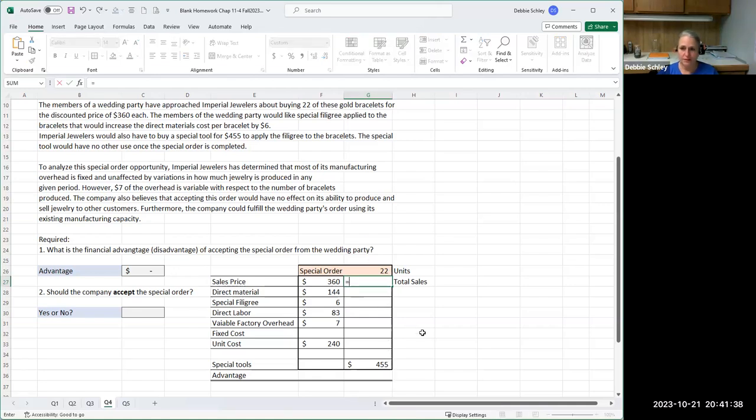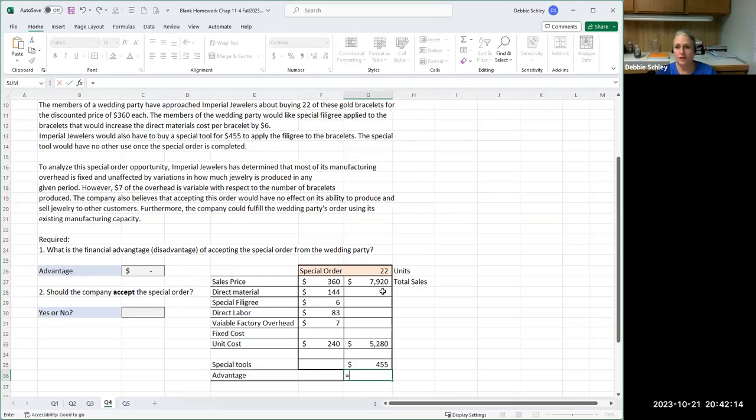Our total sales for 22 bracelets times $360 a piece will equal that. And since I already added all those up into my unit cost, I'm just going to multiply my per unit cost times my 22 units. Okay, and then I have my special tools. So these are the numbers I need to work with. And so to figure out if there was an advantage, or if we made money, that would be an advantage, right?